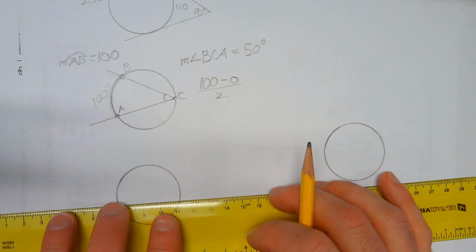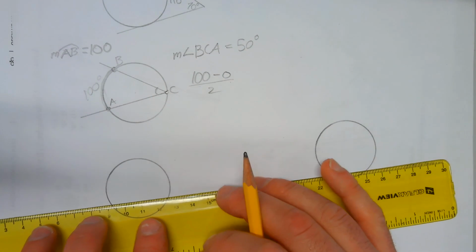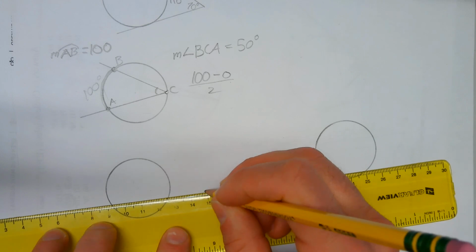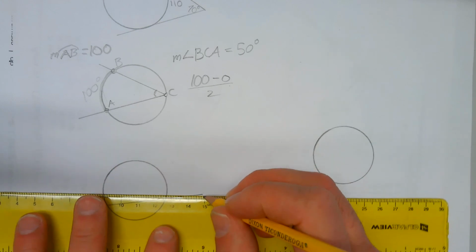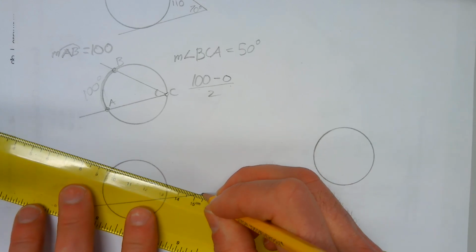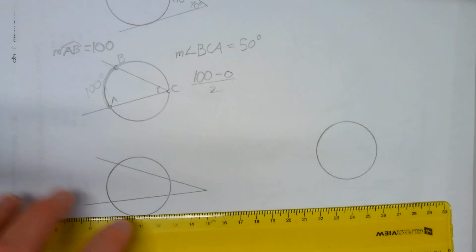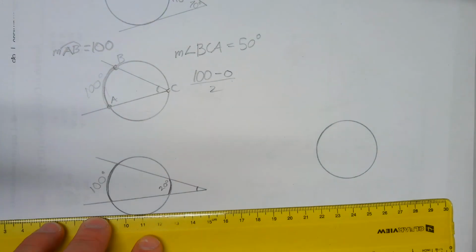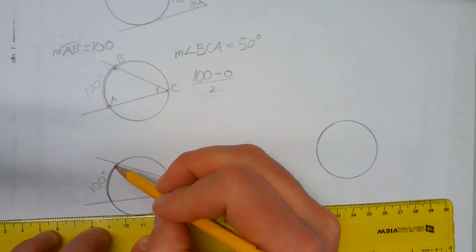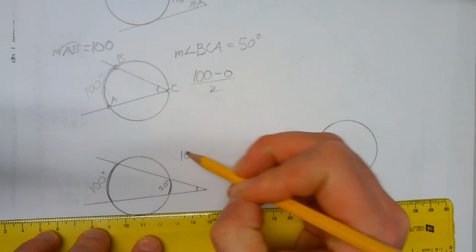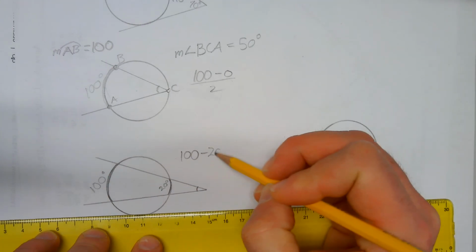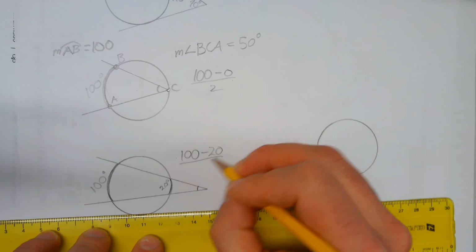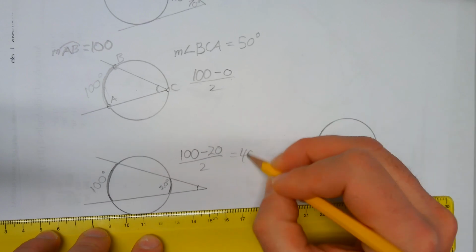For instance, what if you had an angle that's outside the circle, but instead of 2 tangent lines, they're both secant lines, and they cut across, like this. In this case, the major arc is 100, the minor arc is 20, and then we divide it by 2, and we get 40 degrees.